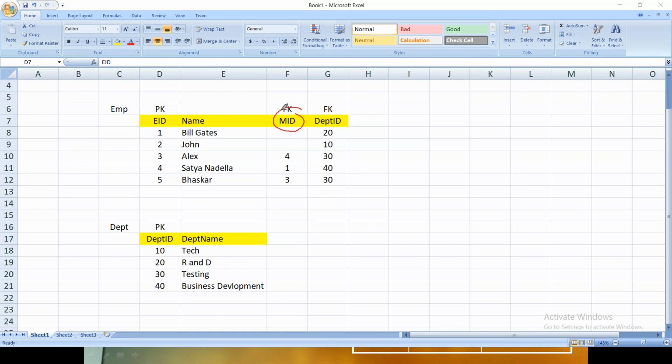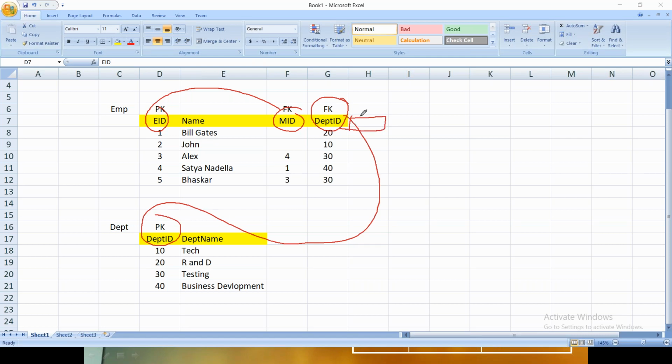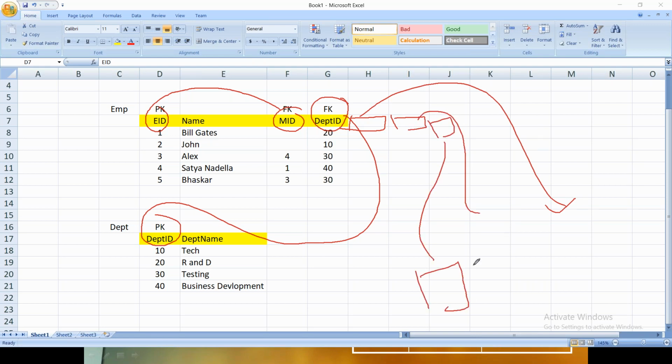So this foreign key is referring here. This is one more foreign key, referring here. Like that you can have one more foreign key, and it may refer somewhere else. A lot of tables it can refer. Clear? So one table can have what?